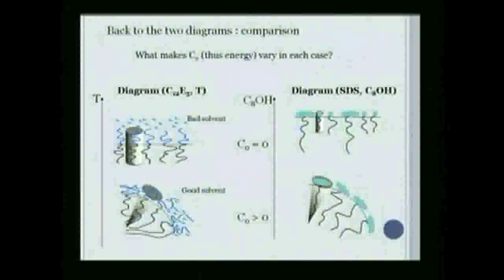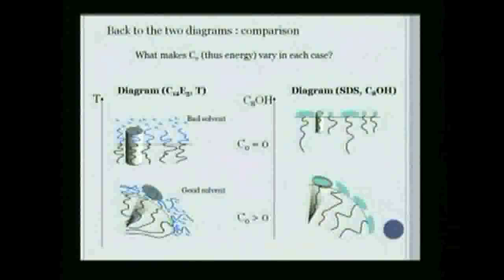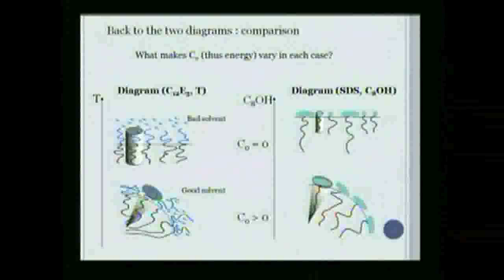And then here you have the black chain, the black hydrophobic tail. These small things here represent the water molecules. So when you are at low temperature, the hydrophilic head is very well hydrated by the water molecules. So you have a lot of water molecules around the OH groups of the hydrophilic head.